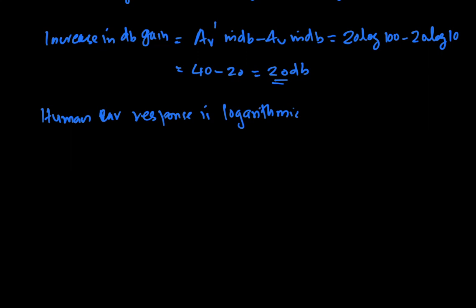That means the loudness of the sound heard by the ear is not according to the intensity of sound, but according to the log of the intensity of the sound. So if the intensity has been increased by 100 times, then the loudness heard by the ear will be only 2 times.